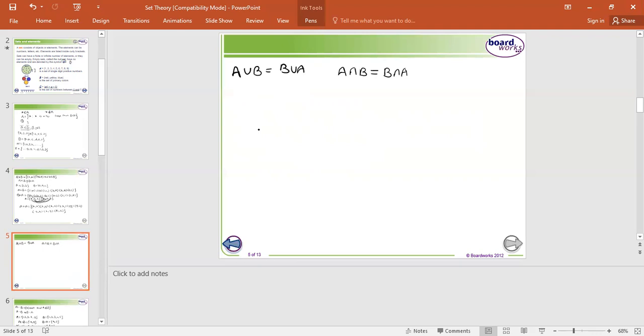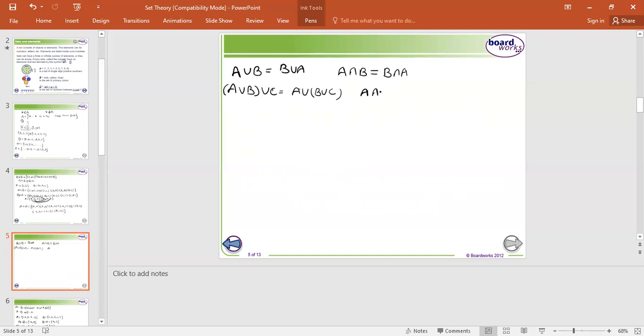Then associative properties: for all sets A, B and C, we have union of sets as an associative operation. A union B, having union C, equals A union B union C. Okay, this is the associative property. The same will be applicable for intersection.